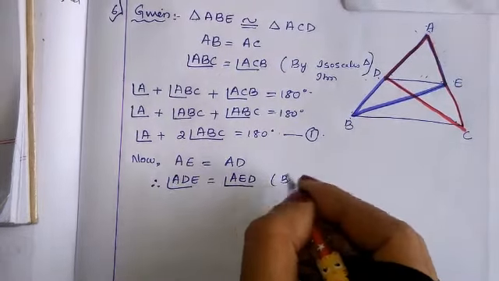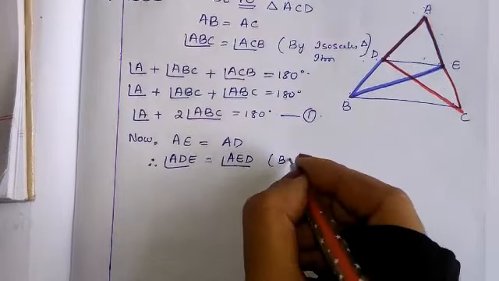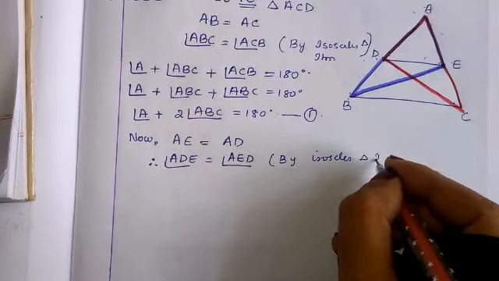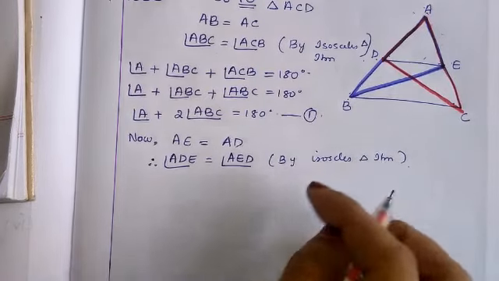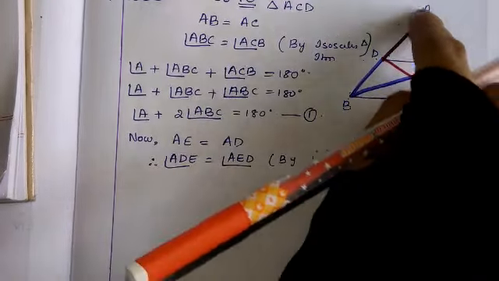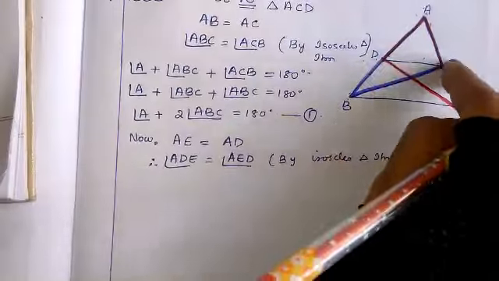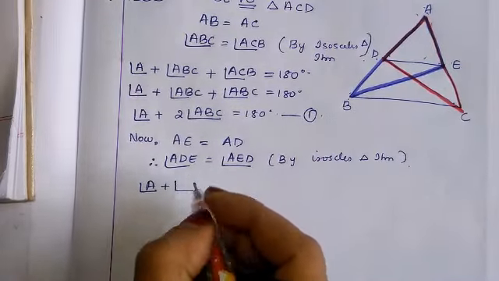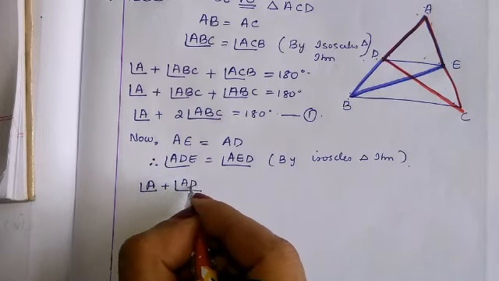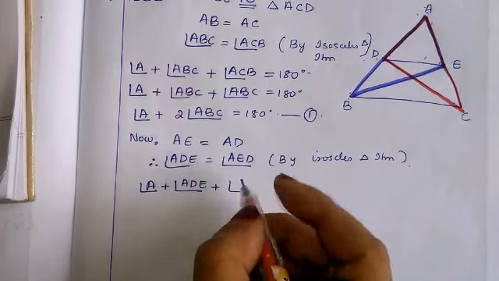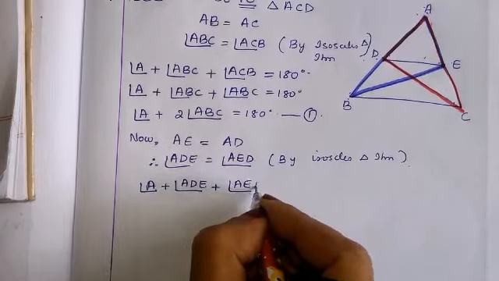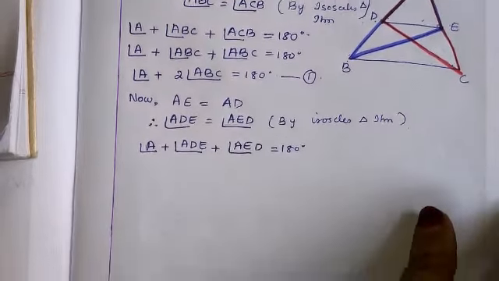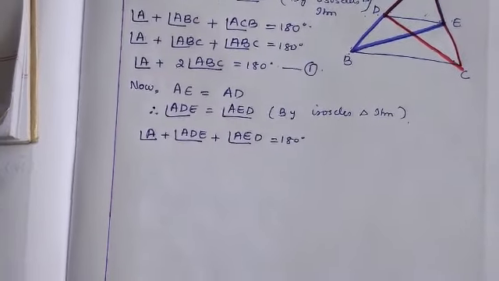If you want, I'll write by isosceles triangle theorem. Okay. Now we'll take this triangle. In triangle ADE, angle A plus angle ADE plus angle AED is equal to 180 degrees. Okay. Angle A as it is I'll write.